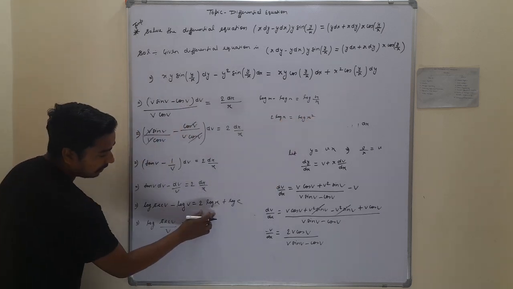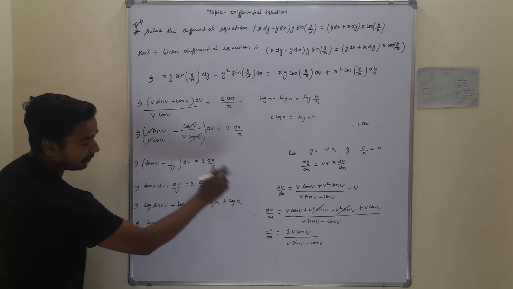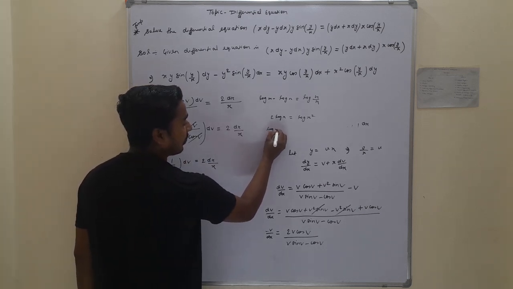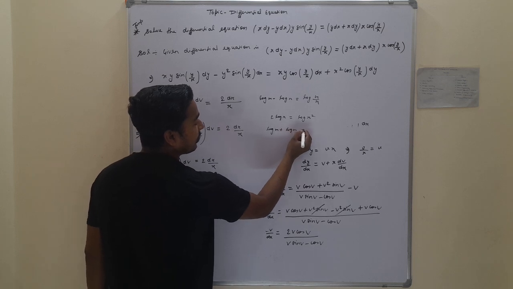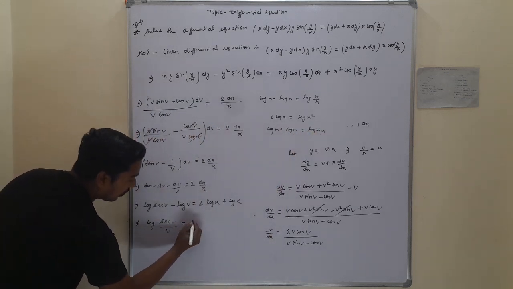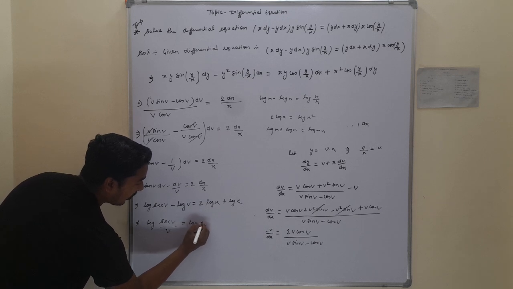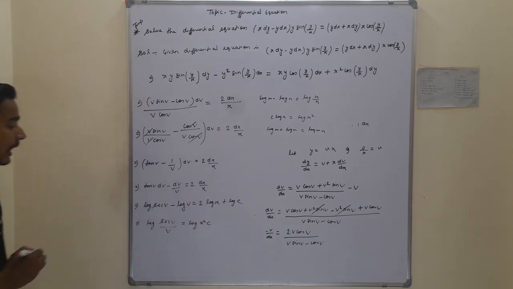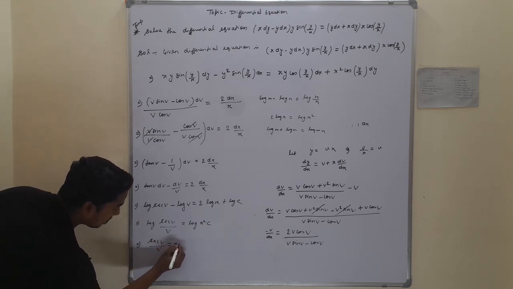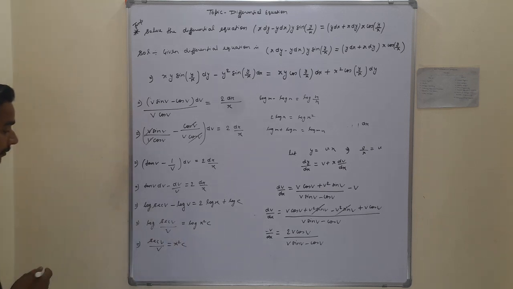So we have log of x square plus log c, using the property log m plus log n, we write log of mn. So we write log of x square into c, and from here log to log is removed. We can write sec v upon v is equal to x square into c.